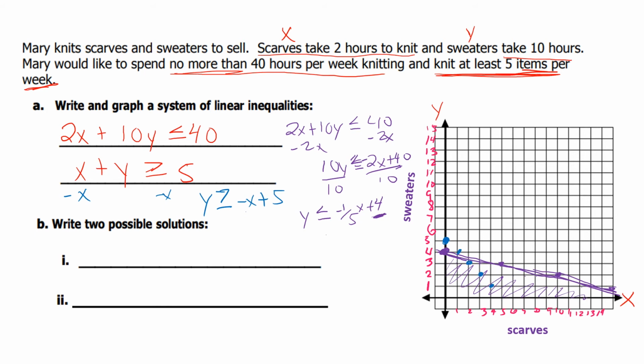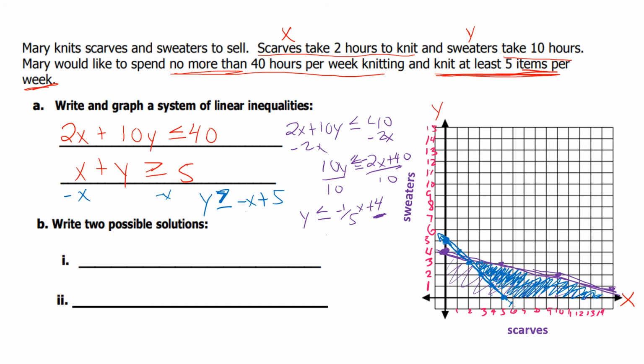Hopefully you can see my little circles or my dots here. So I'm stopping here. And I'm going to try to connect my line as best as possible. All right, and so since this is greater than, I'm going to shade above this line, and so my solutions would be within this region here.